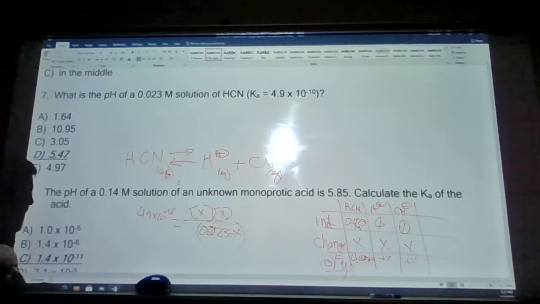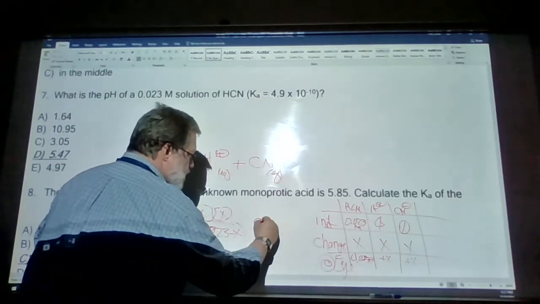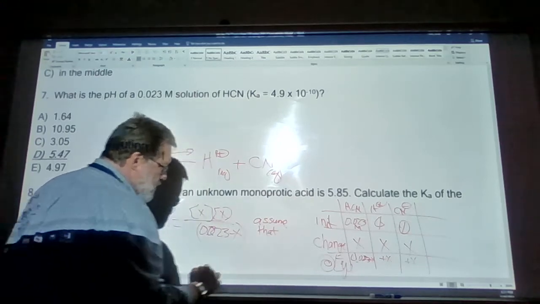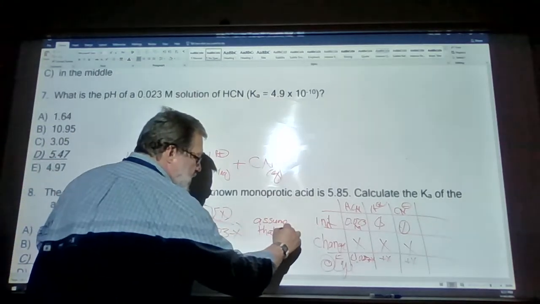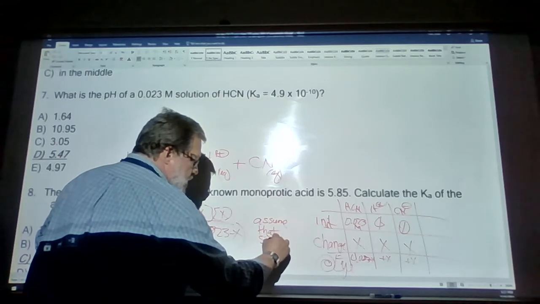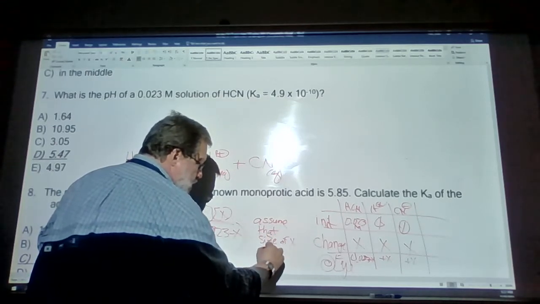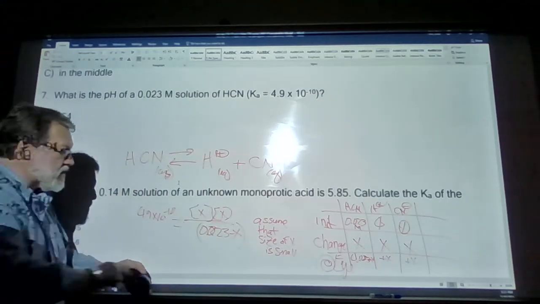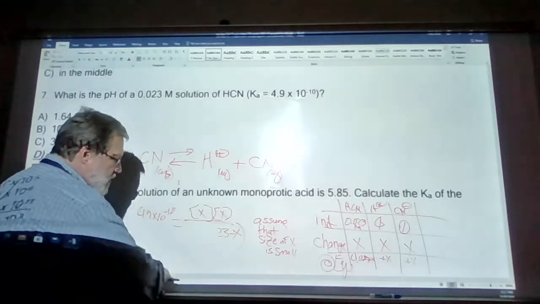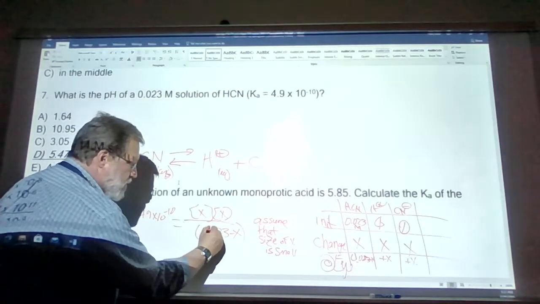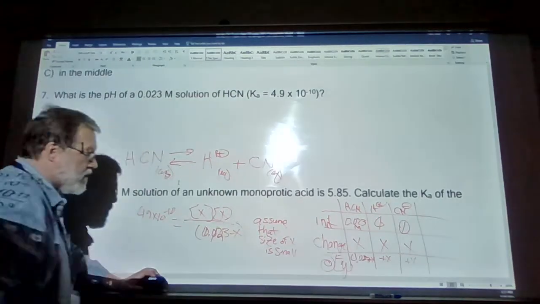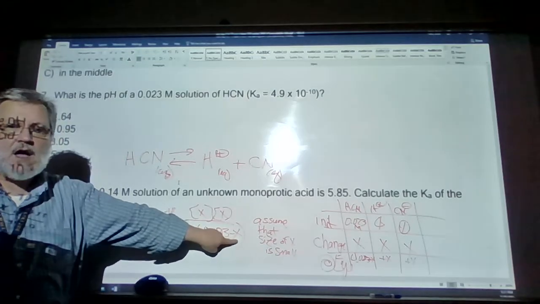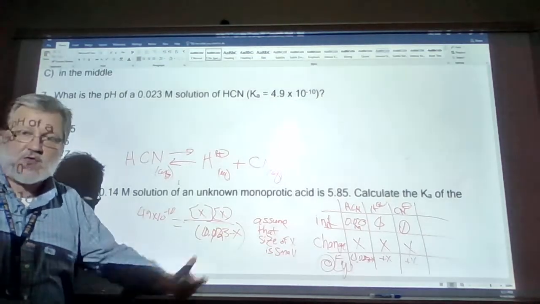We make the assumption that the amount of HCN that decomposes is small, such that we can neglect how big X is. We don't know how big X is, but we're trying to calculate it.